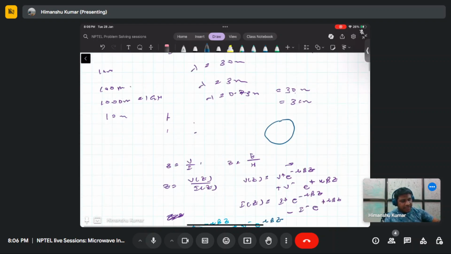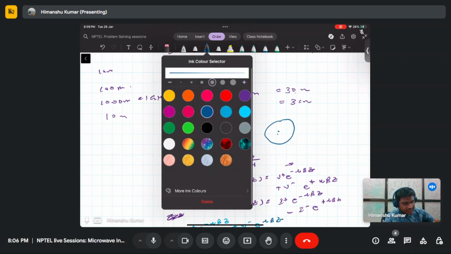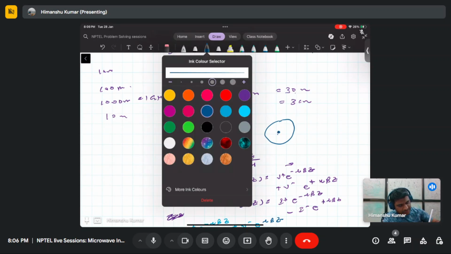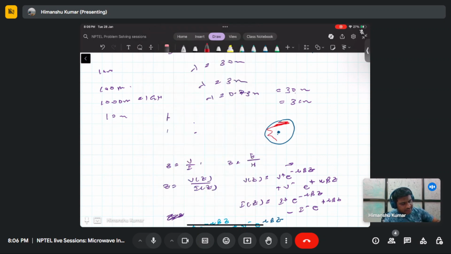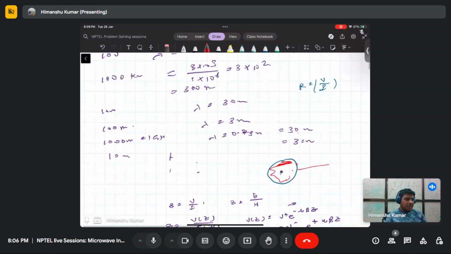In the coaxial cable, there is a center conductor, around that a low loss dielectric material, and around this an outer mesh kind of thing. Between this inner and outer conductor you apply a signal, and in this two-wire coaxial line, TEM modes exist.